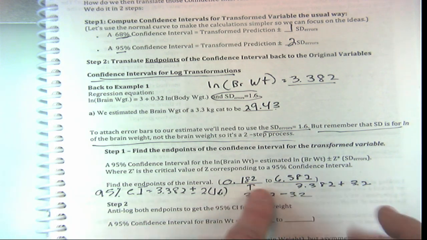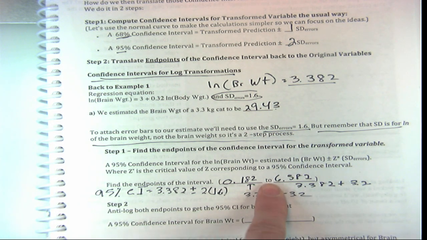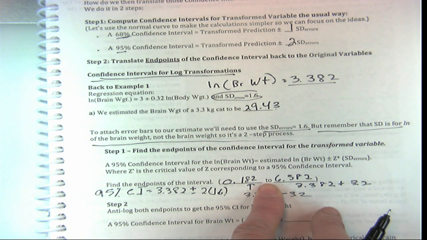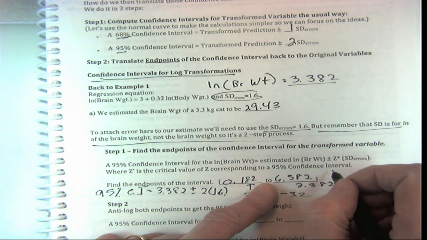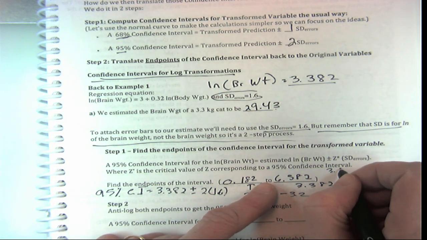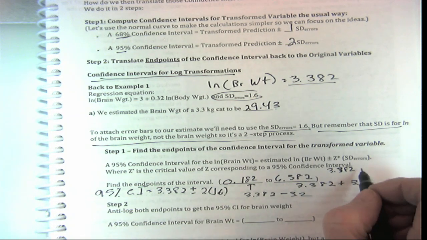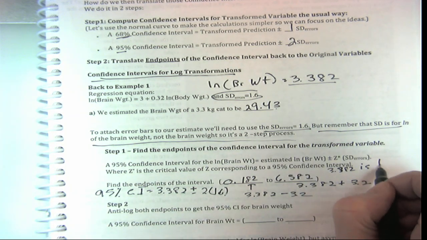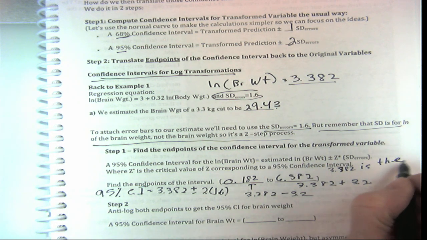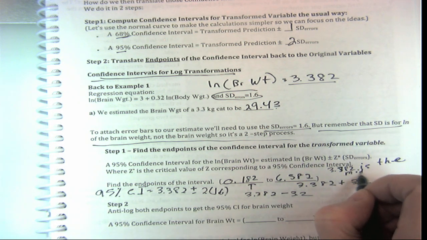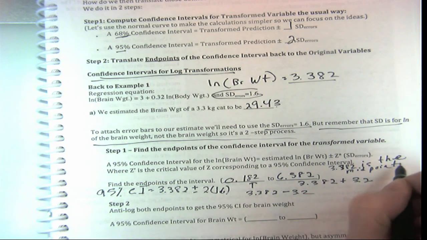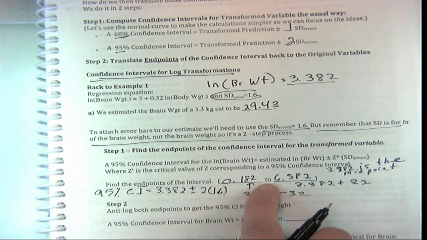Notice this is our usual confidence interval. Notice that our estimate, our prediction, 3.382, is right in the middle there, the midpoint. So this is a symmetrical confidence interval. That's the way we always have been doing it.